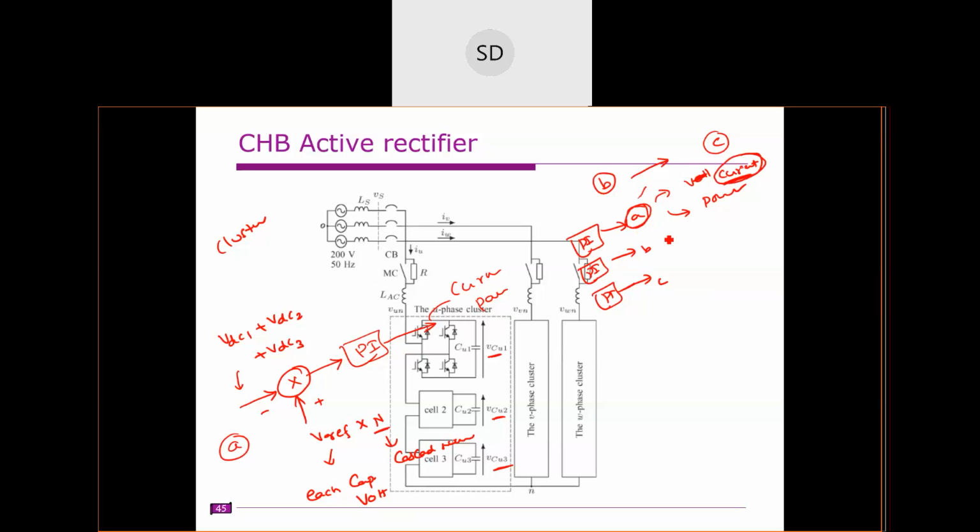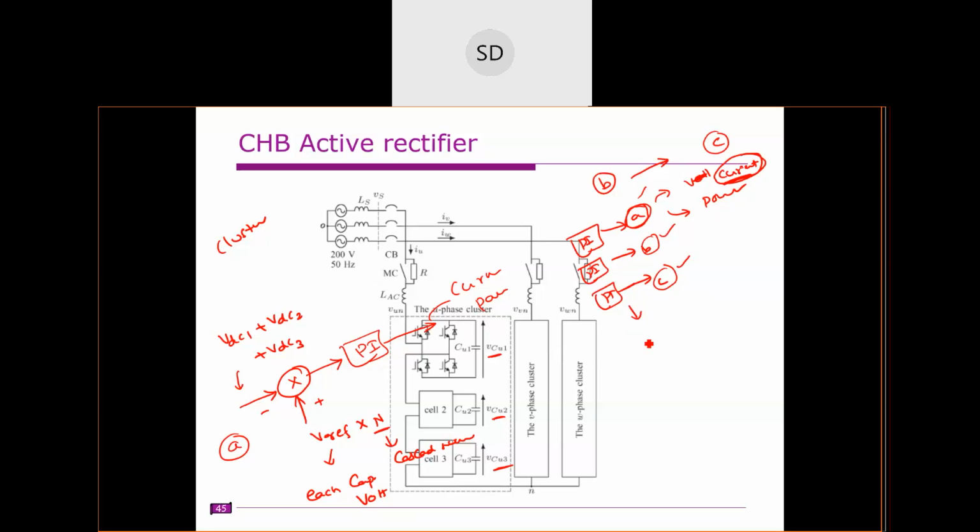So A phase, B phase, and C phase are each separate. Because if it is in the current form, that means there is just a phase angle difference between A phase, B phase and C phase.